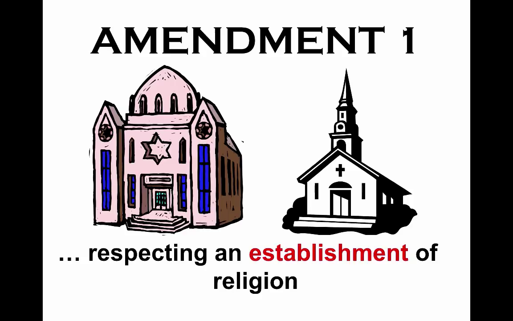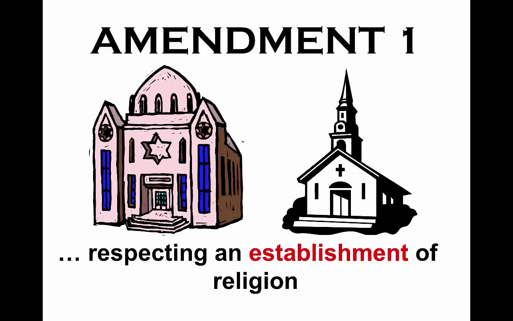Now, not everybody agrees on what the establishment of a religion means, or exactly what that looks like in society. But the best way to put it is that there is a separation of church and state. In general, the government, our government, should not have anything to do with religion.